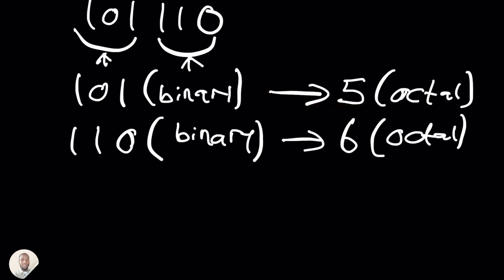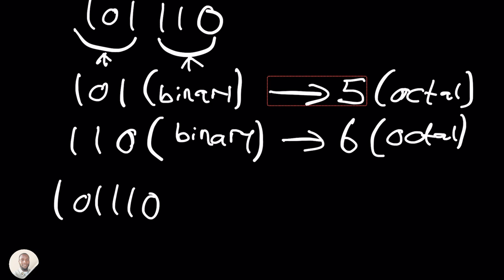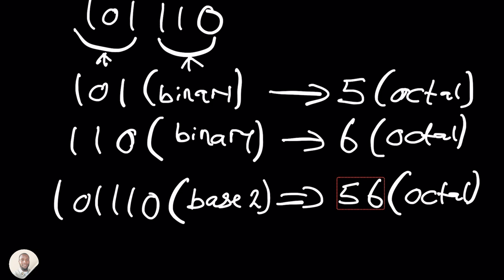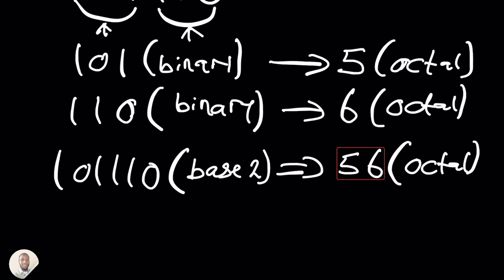Therefore, we can say that 101110 in base 2, which is also binary, is equal to 56 in octal. Isn't this beautiful? Therefore, we can see that octal is used in shortening long binary codes.